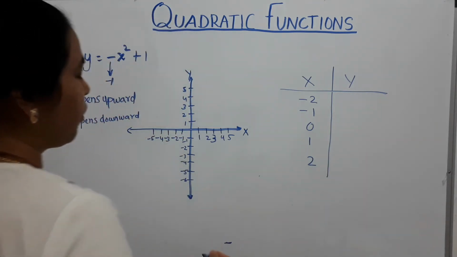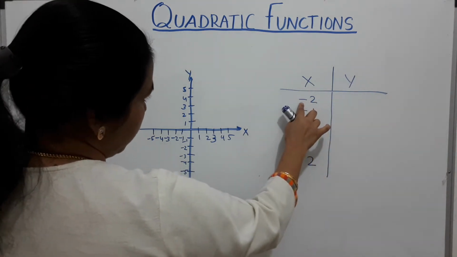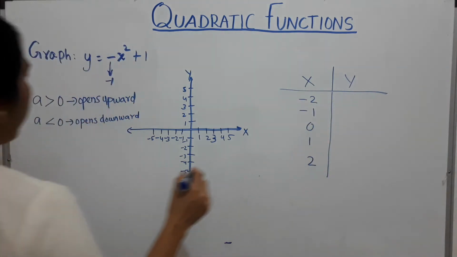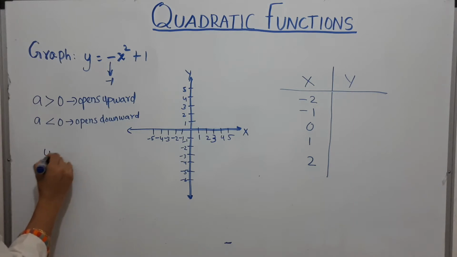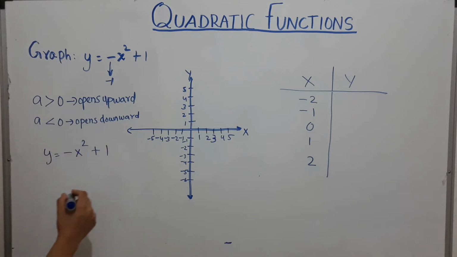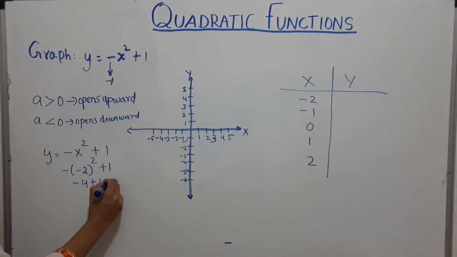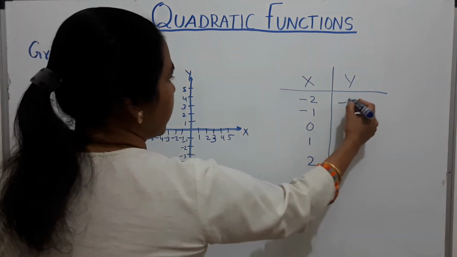Now we can find the value of y when you substitute x is equal to minus 2. So y is equal to minus x square plus 1. First, let us substitute minus 2. So minus of minus 2 the whole square plus 1. Minus 2 the whole square will be 4, and there is a minus outside. So it will become minus 4 plus 1, which is equal to negative 3. So the first answer will be negative 3.